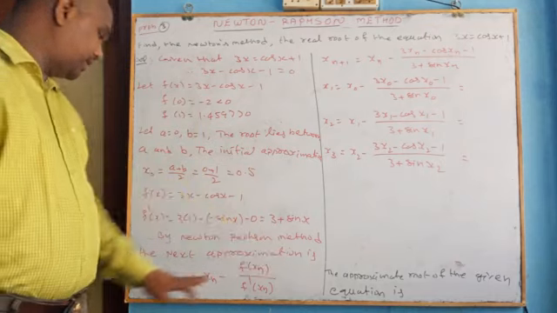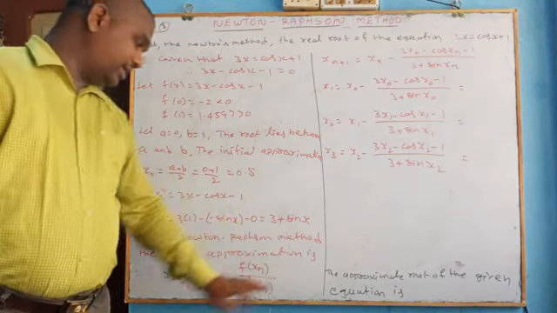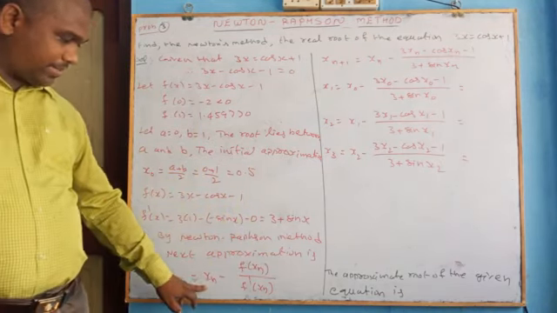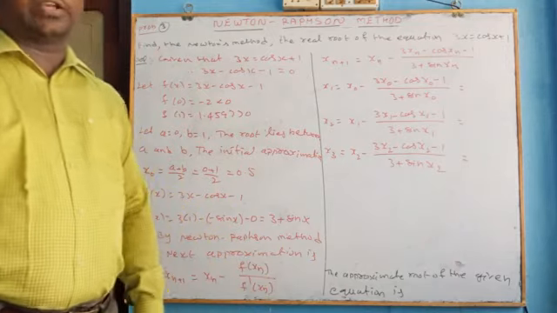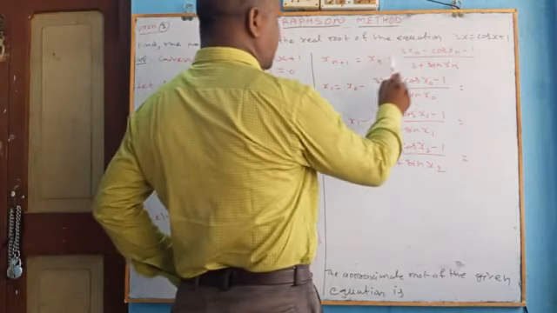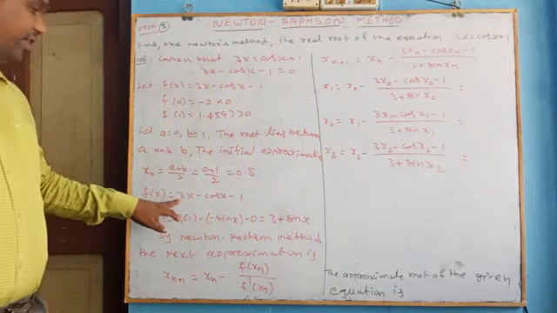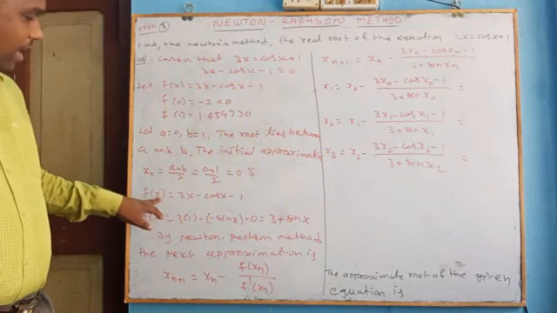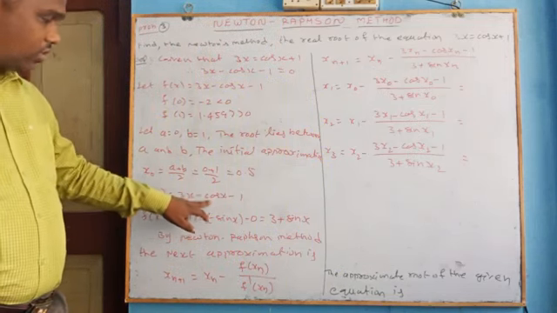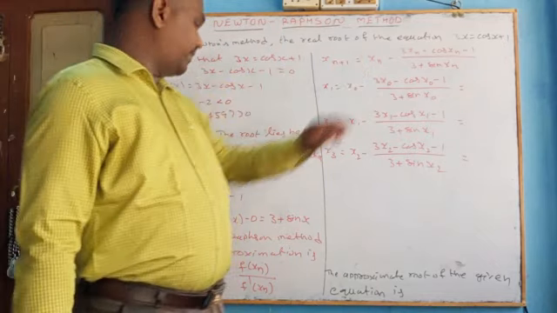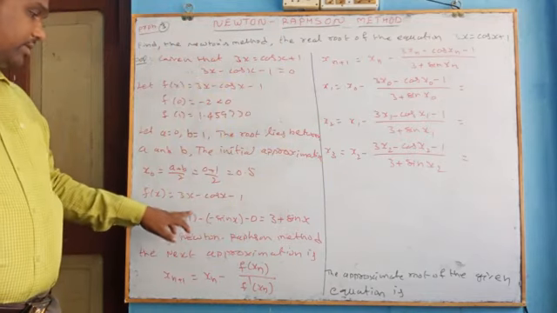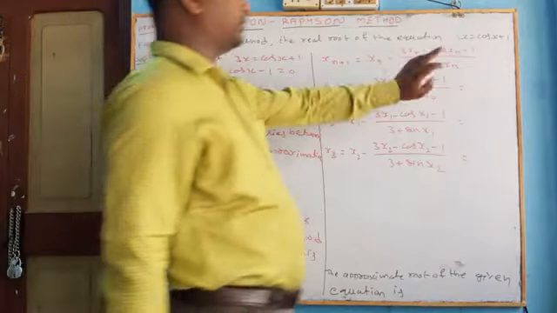By the Newton-Raphson method, the next approximation is x(n+1) equals xn minus f of xn by f dash of xn. What is f of xn? F of x means 3x minus cos x minus 1, so f of xn means 3xn minus cos xn minus 1, divided by f dash of xn, which means 3 plus sin xn.